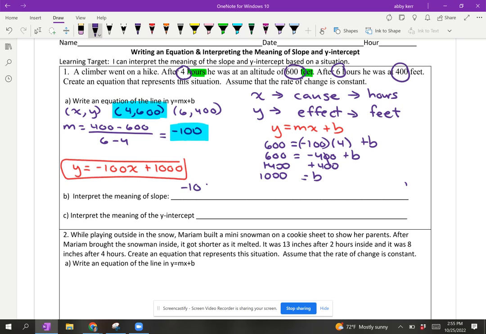So our slope is negative 100, and I'm going to put it over 1, and then my y-intercept is 1,000. So for our slope, you have to remember that it's the change of y over the change of x. So my y's are talking about feet, and then this is talking about hours.